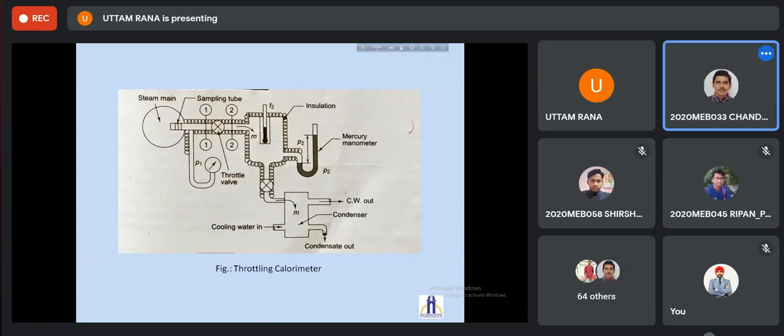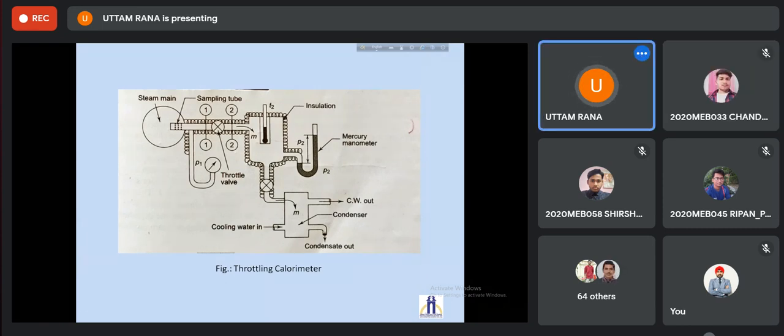Large reduction in pressure. See, large reduction in pressure is not a good term. Large is a magnitude term. During throttling, all of a sudden you change the pressure. Now what would happen to temperature?